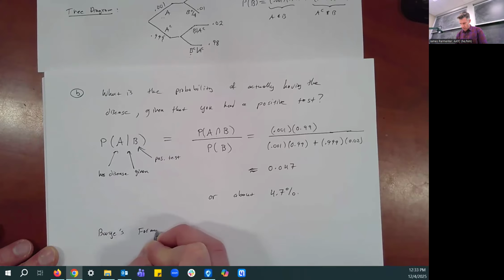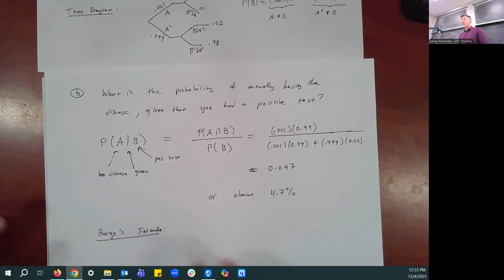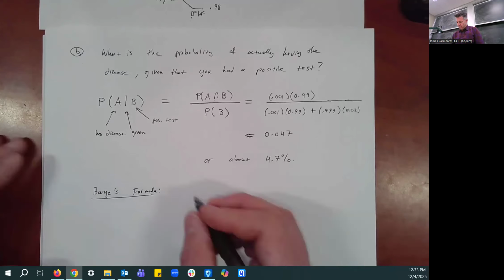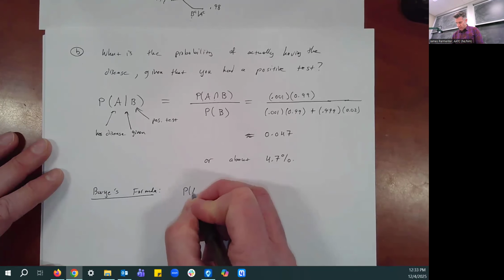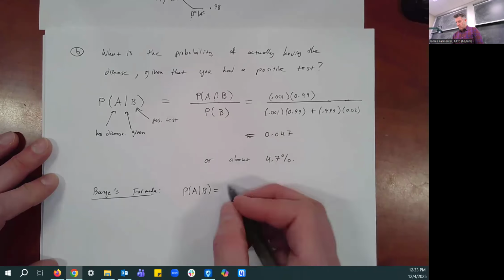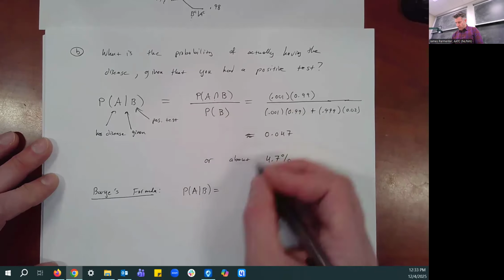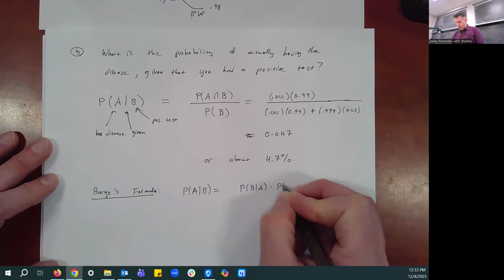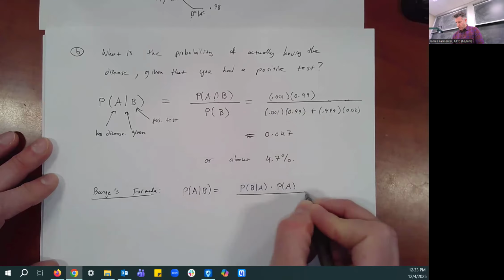Bayes formula. I always think of it as the formula for reversing the conditional probability. So essentially you're given the probability of A given B and you're trying to find the probability of B given A, or vice versa, whichever way. So we have the probability of A given B is equal to the probability of B given A times the probability of A over the probability.